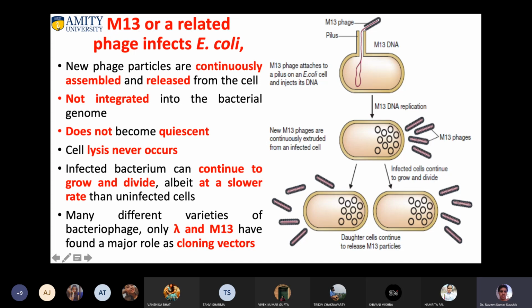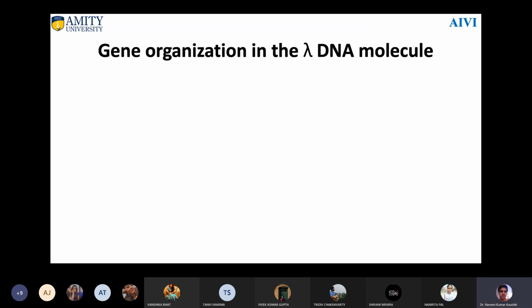So when we take vectors, all our vectors are based upon these two types, the lambda phage and the M13 phage. Both we use to develop our vectors. To understand gene organization, because gene organization is the core thing that decides what characteristics must be in your vector.